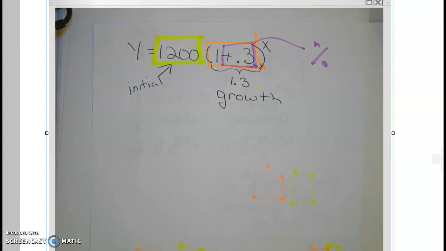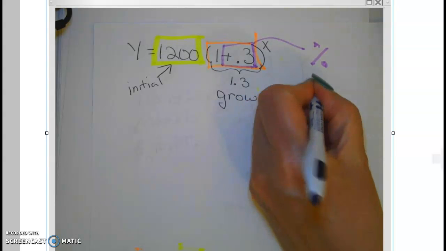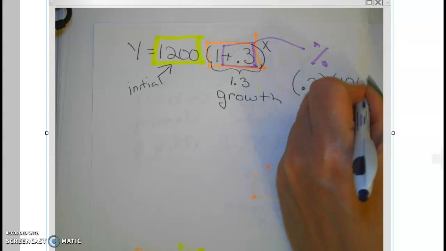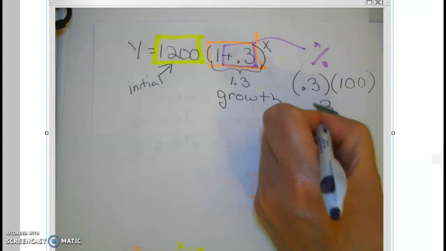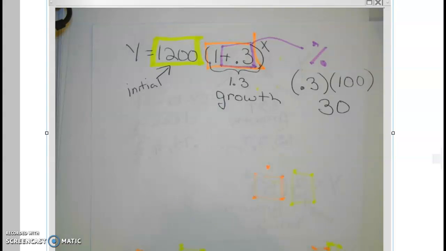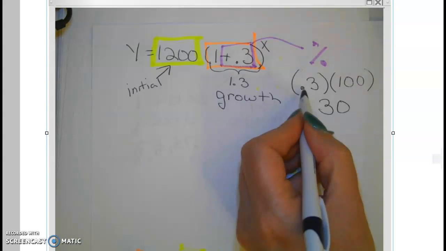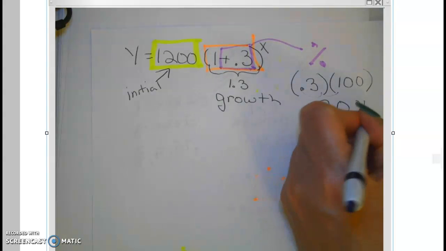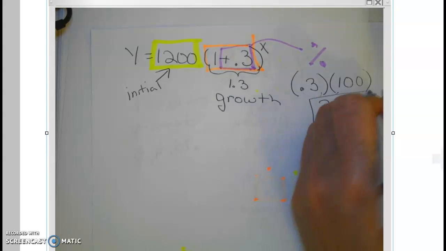So the 0.3, remember, if we have 0.3, we multiply it by 100, because percent is always in terms of 100, and we would get 30. Or you do the math little trick of moving it over 2 places on the decimal. Whichever, we don't care. So that tells me that it is 30% growth.